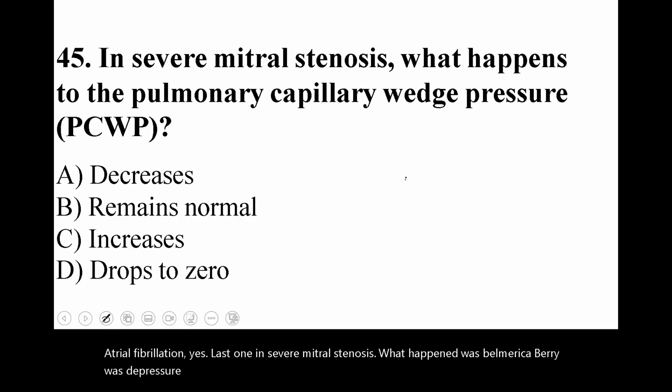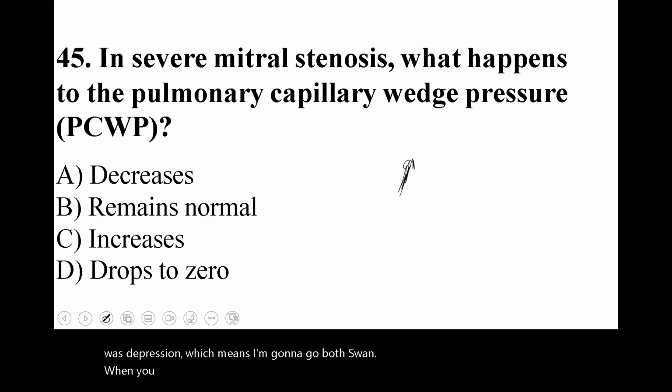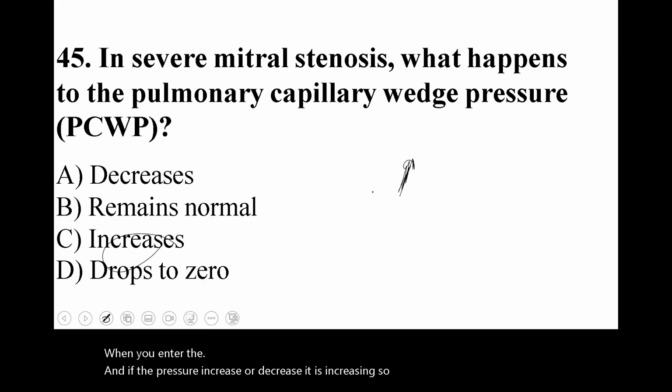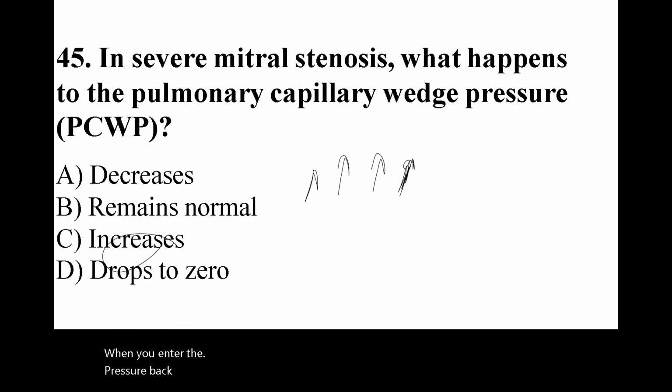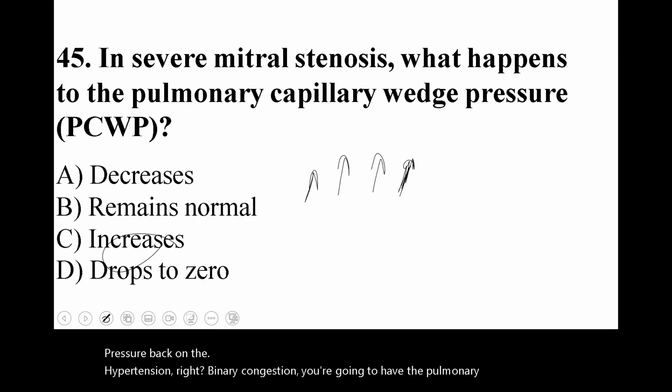It means I'm gonna go put Swan tube into the pulmonary vasculature and see if the pressure increase or decrease. It is increasing. So do the left atrial pressure. I'm gonna put pressure back on the pulmonary hypertension, right? Pulmonary congestion. You're gonna have the pulmonary capillary wedge pressure will be increased.